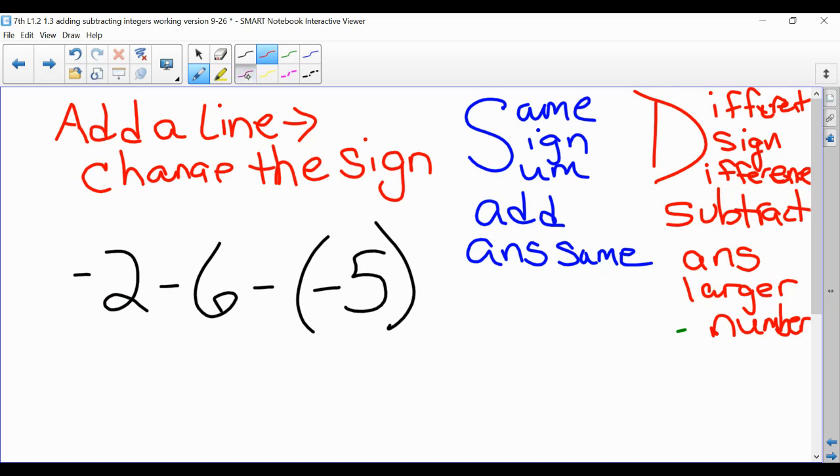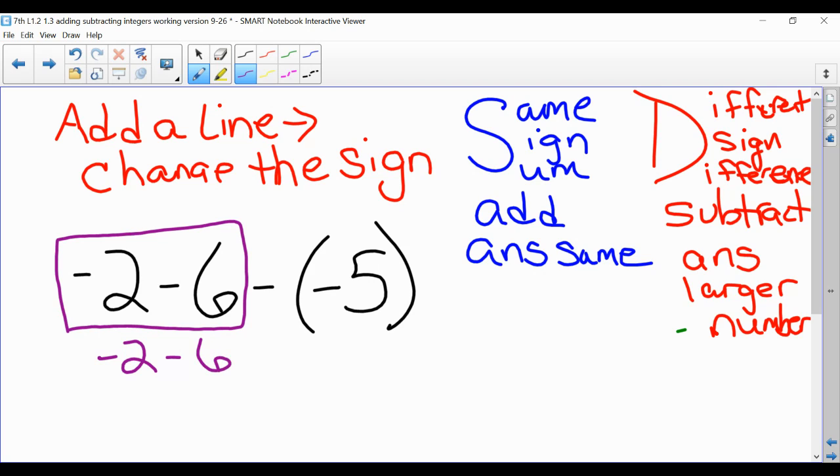So we're going to go through and look at the first two numbers, just this part of the problem here. -2 minus 6. Add a line, change the sign, means my math problem is now -2 plus -6. Okay, those are the same signs. We're going to find the sum or add them, and we get 8. Answer stays the same, so I have -8.